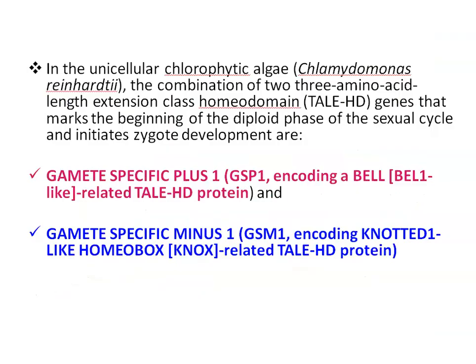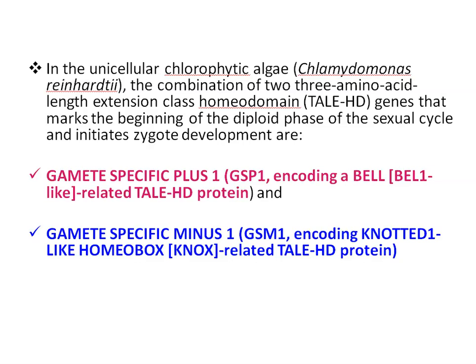In the unicellular chlorophytic alga Chlamydomonas reinhardtii, the combination of three amino acid length extension class homeodomain, that is TALE-HD, genes marks the beginning of the diploid phase of the sexual cycle and initiates zygote development.